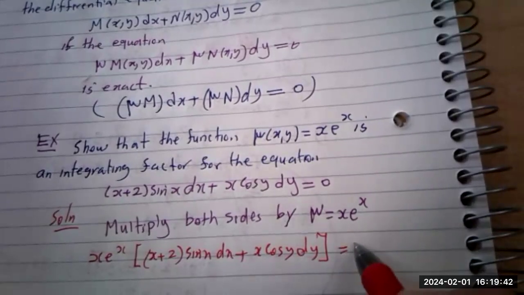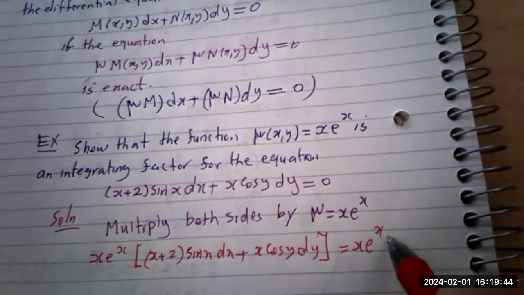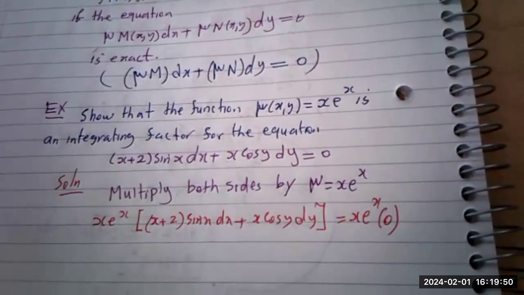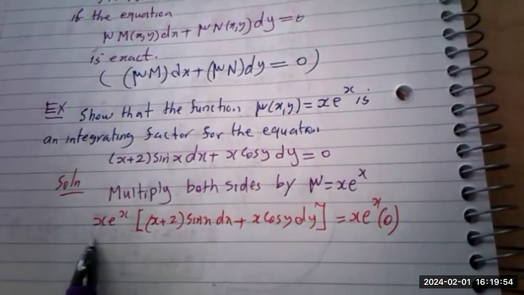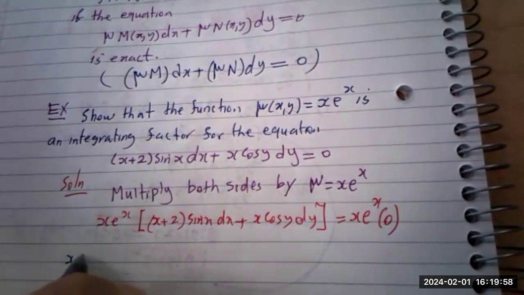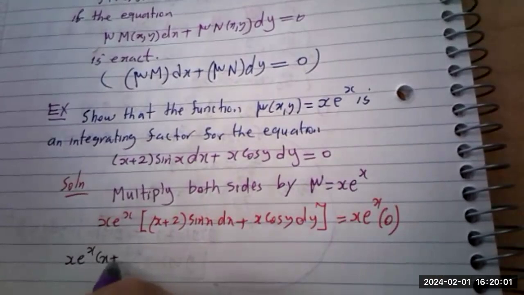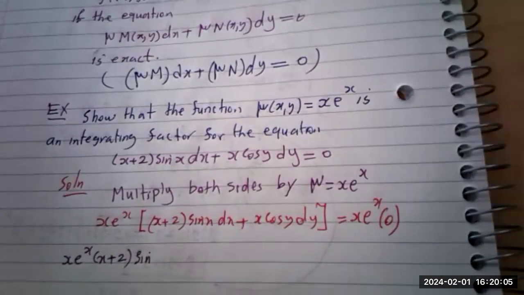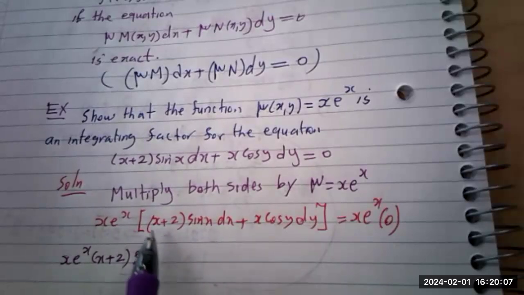Multiply by x e to the x on the other side too. I just write it down so you know what's going on. For the first term, you have to distribute it. So for the first one, you get x e to the x times x plus 2 sine y. This must be sine y.